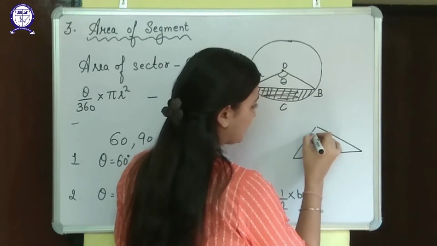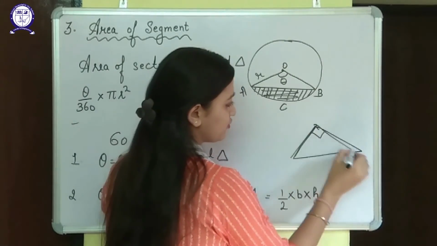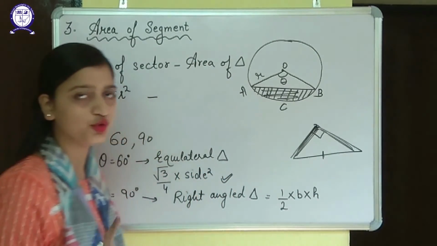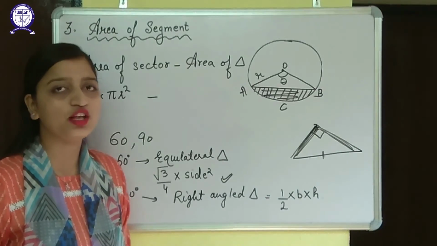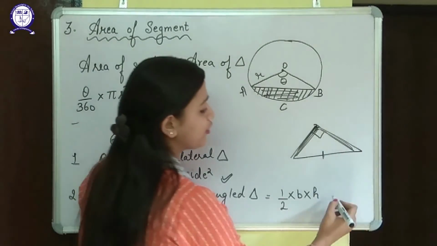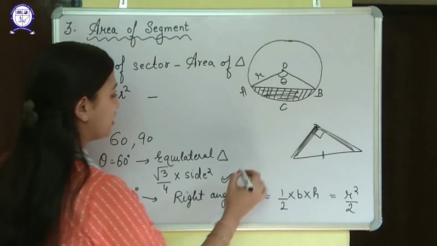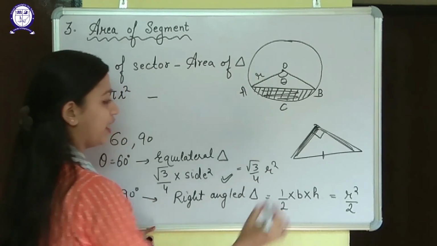If this is my 90 degrees, then these two values will be my base and height. This will be my hypotenuse, so we will not take this value. We will take these two values, and these two values will be my radii. So it will basically be r square upon 2. And similarly, the other will be root 3 upon 4 r square.